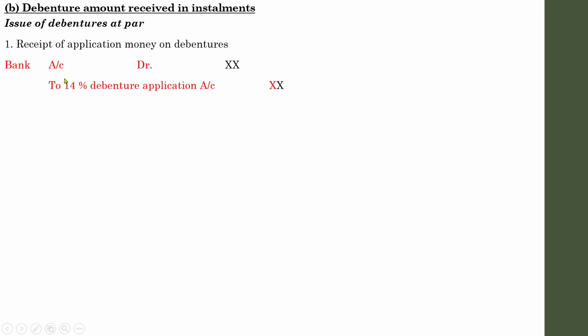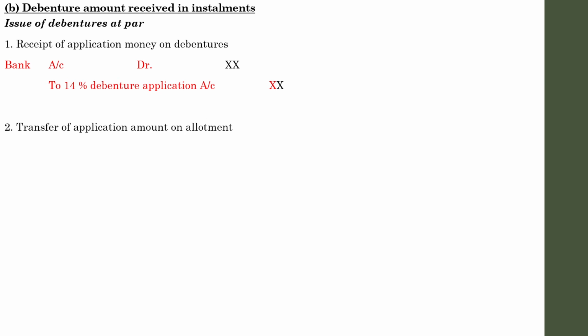Don't think that 14% is compulsory or a nominal rate that has to be shown in almost all the answers. Never think like that. The percentage of that particular debenture will be stated in the question. Never use this 14% unless it is mentioned in the question. So bank account debit to debenture application account, that is the entry for the amount collection.